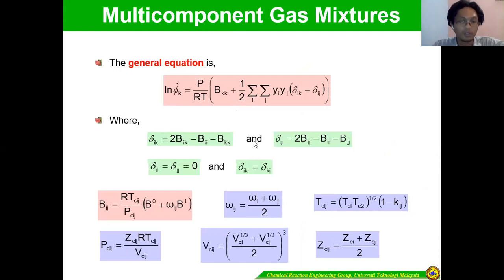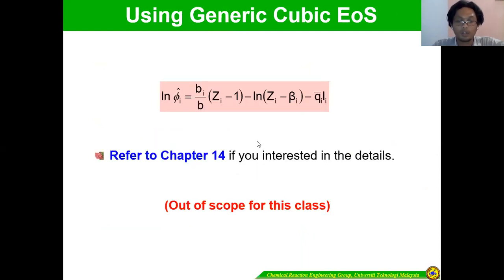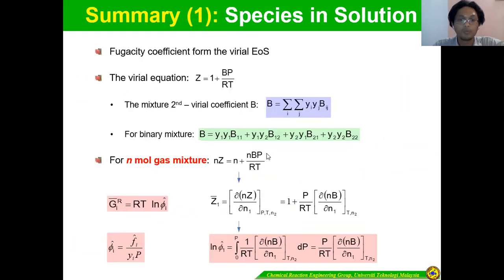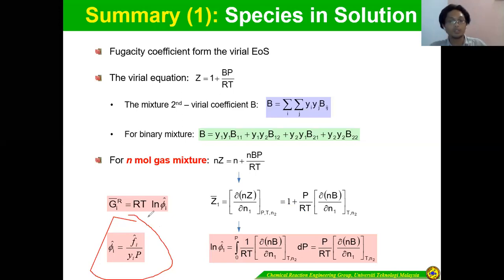Once you determine the fugacity coefficient, we can calculate the fugacity of species 1 as well as species 2 in solution. To calculate the fugacity, we have to use this equation, as annotated.